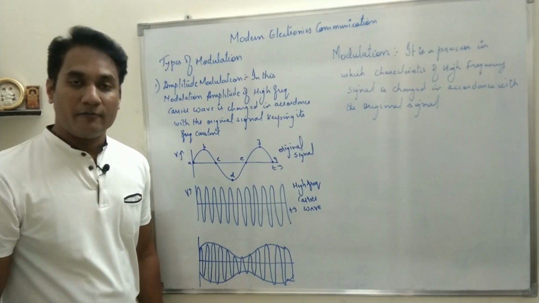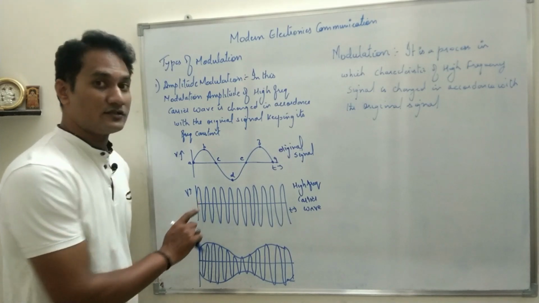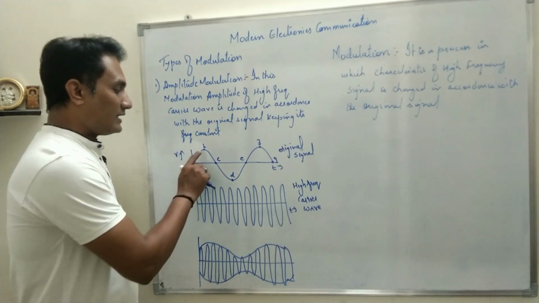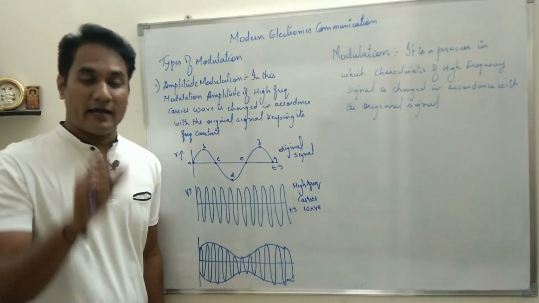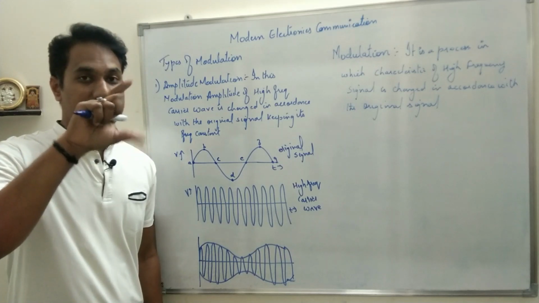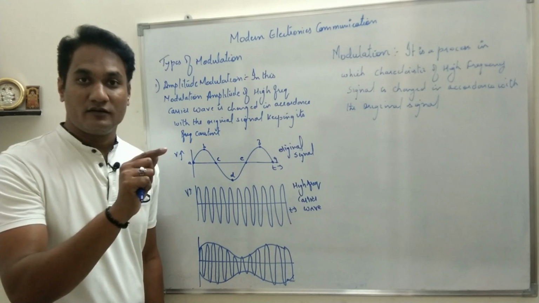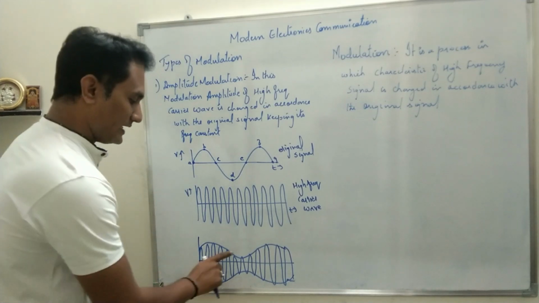So if the amplitude is 0, the amplitude of the carrier wave should be kept the same. At B and F it is at positive peak, so the amplitude has to be increased. At D it is at negative peak. To represent negative peak, the amplitude has to be decreased. So that is what we have done.